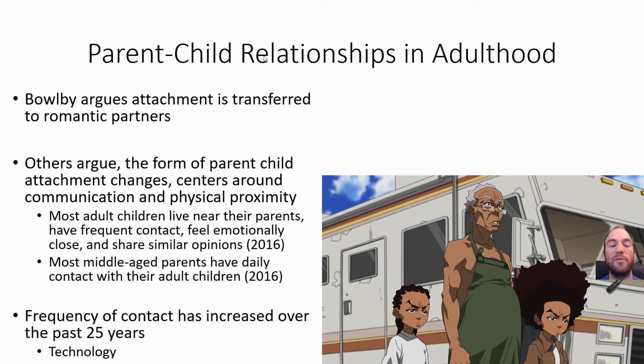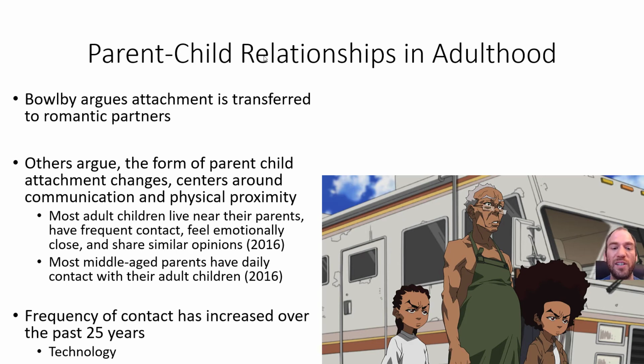And also technology is impacting this. So there's a chrono level impact here on development, going back to Bronfenbrenner, wherein technology advances contribute to the degree of communication, and perhaps to a change in the form of parent-child attachment.